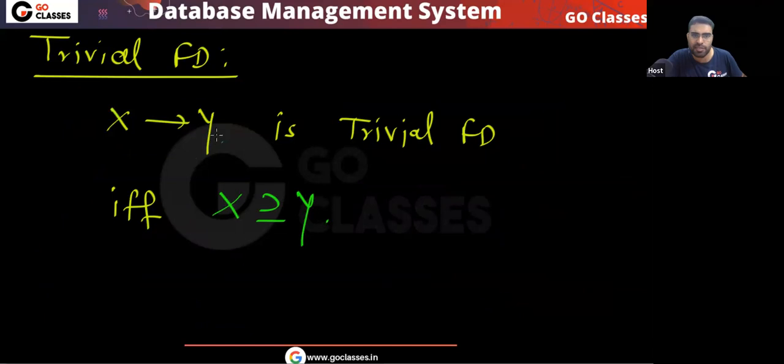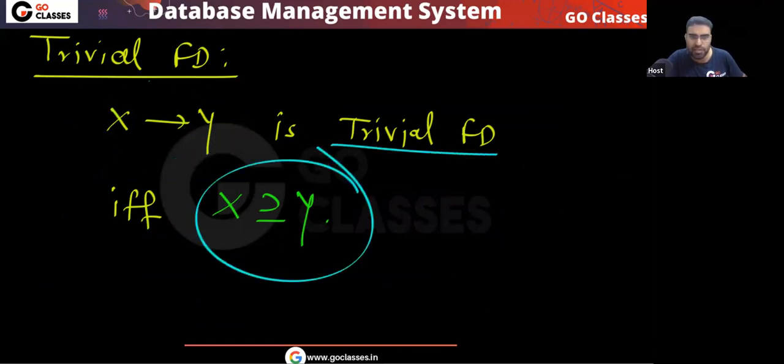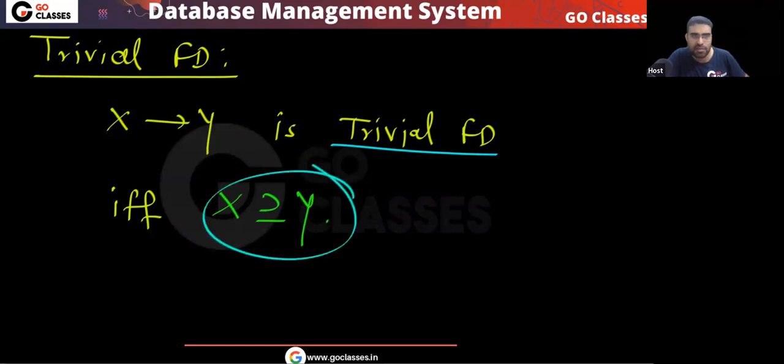Trivial functional dependency means X determines Y, and it is trivial if and only if X is a superset of Y. Is this clear? So this type of functional dependency will be called a trivial functional dependency.